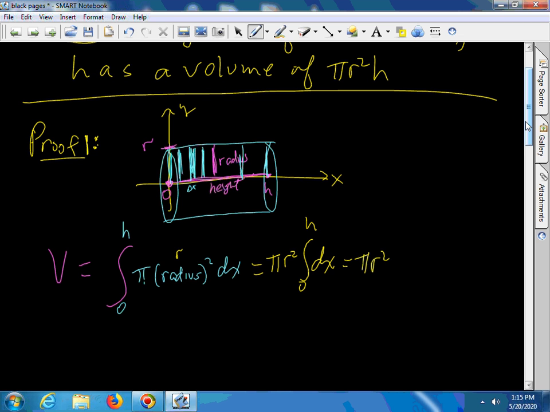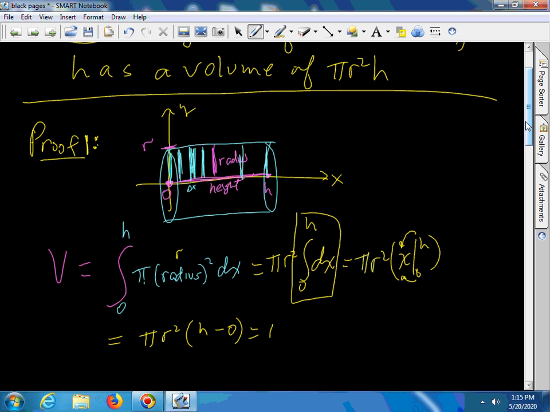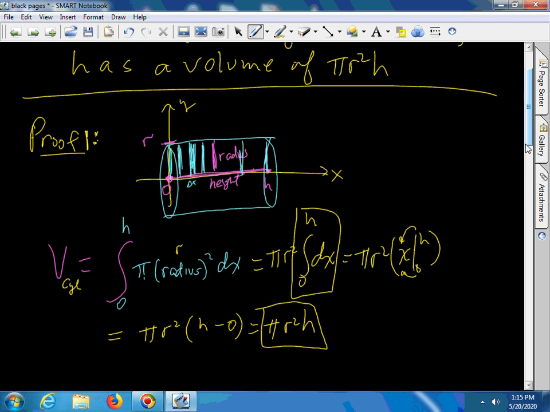Pi r squared I factor out. The integral of dx is just x from 0 to h. And I get pi r squared times, well, first I plug in h minus, then I plug in 0, and what's in the brackets just happens to be h. And there's proof 1. The volume of a cylinder really is pi r squared h.